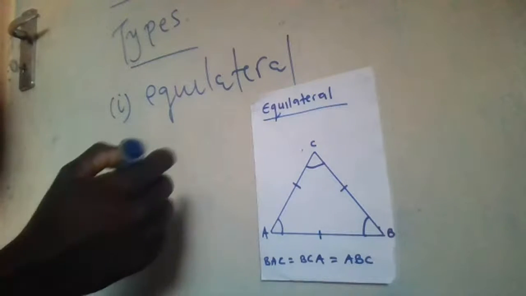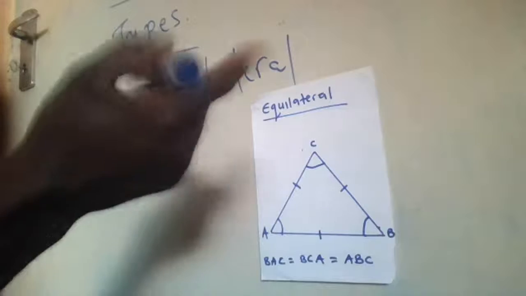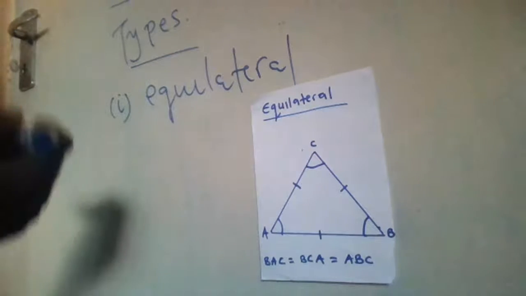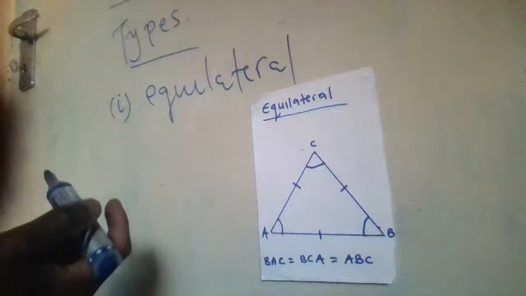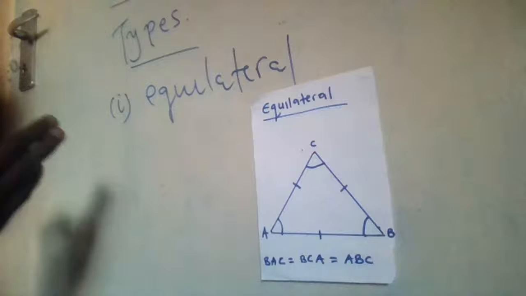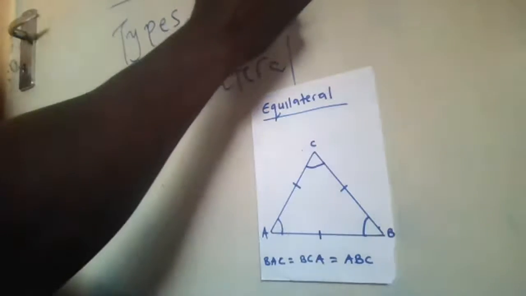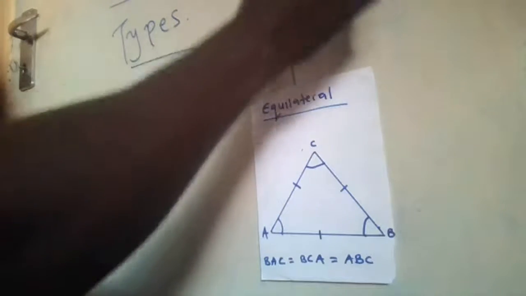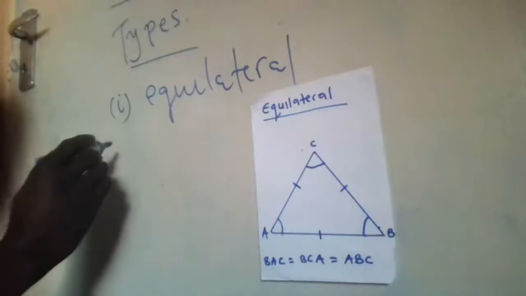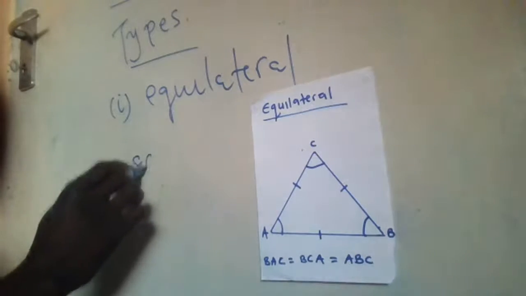Now, I forgot, I was supposed to mention that the sum of angles inside of a triangle is 180, regardless of the way it's drawn, regardless of its type. The sum is 180.